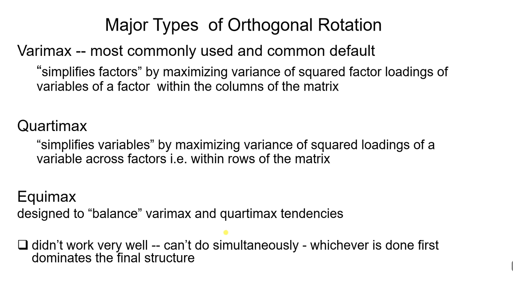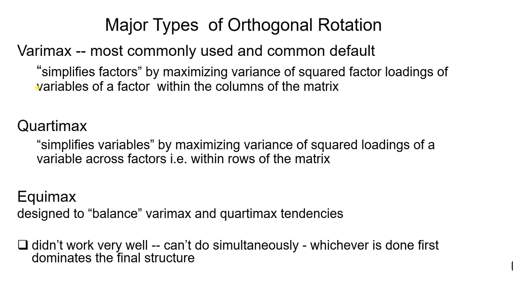Some of the common methods used for orthogonal rotation I have mentioned here. There are a lot of other methods also, but three are commonly used. The most commonly used method is Varimax. This tries to simplify the factor structure by maximizing the squared factor loadings of the variables of a factor within the column of the matrix.